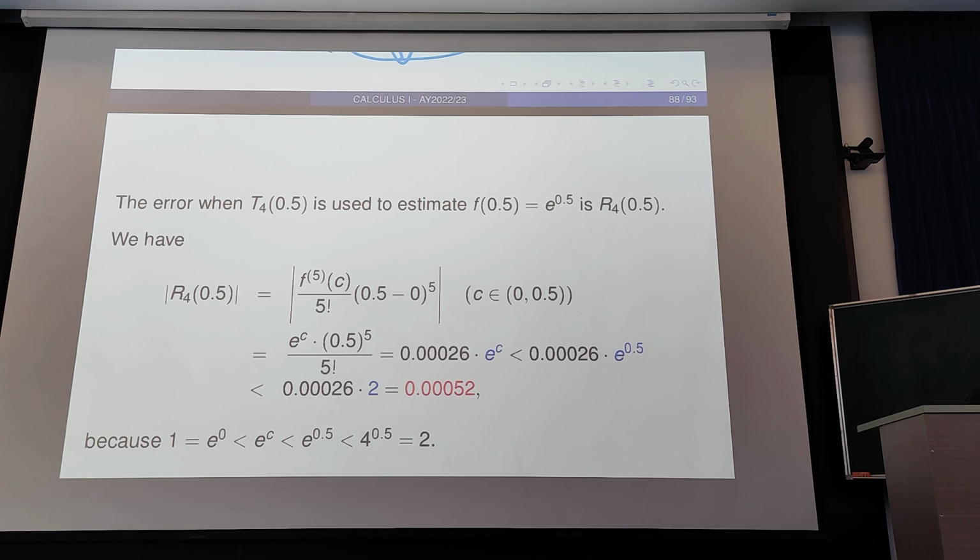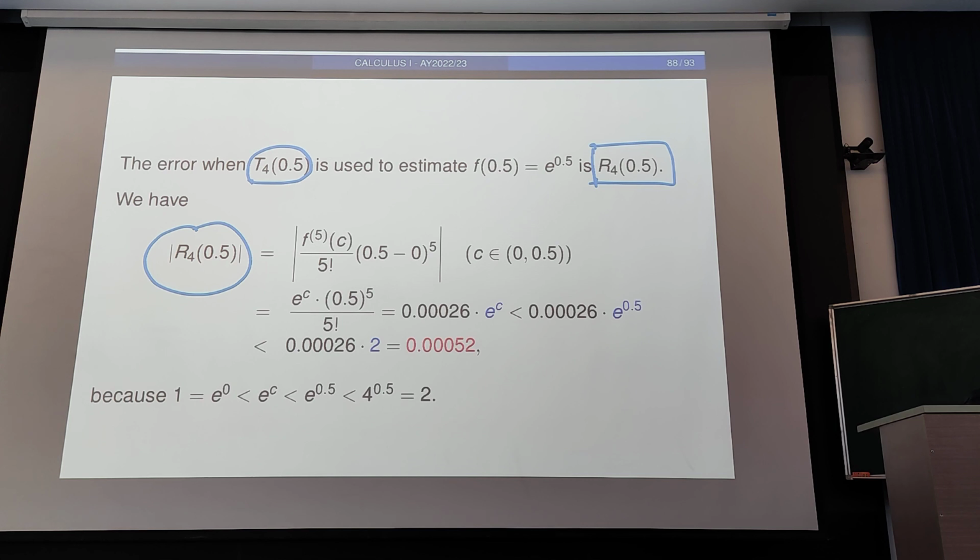And the error when you use this value of the polynomial is given by the fourth order Taylor remainder at 0.5. Now it is time to use the formula of the fourth order Taylor remainder to get the value.